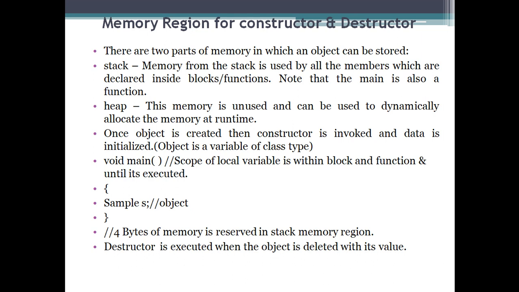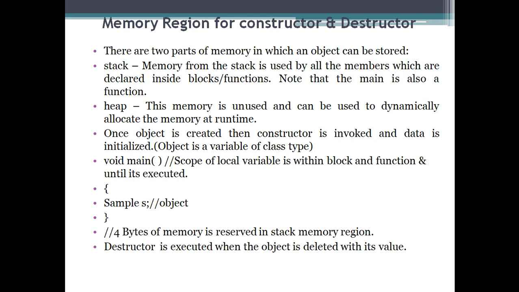Similar to that, there are two parts of memory in which an object can be stored: firstly the stack region and secondly the heap region. What exactly is the stack region? Memory from the stack is used for all the data members which are declared inside blocks or functions. Whatever members you declare inside a block, a function or a class, everything is stored in stack memory.